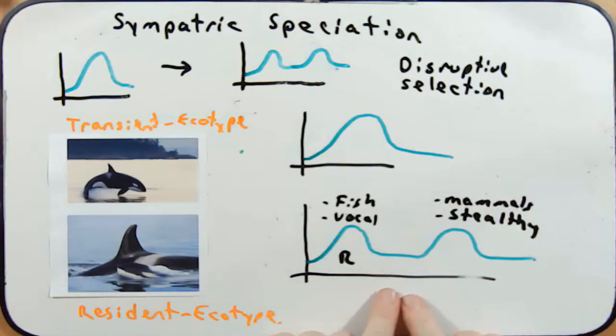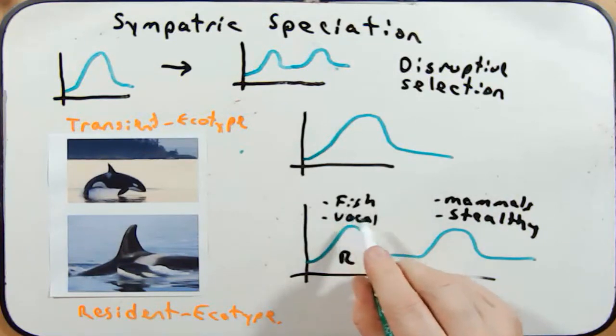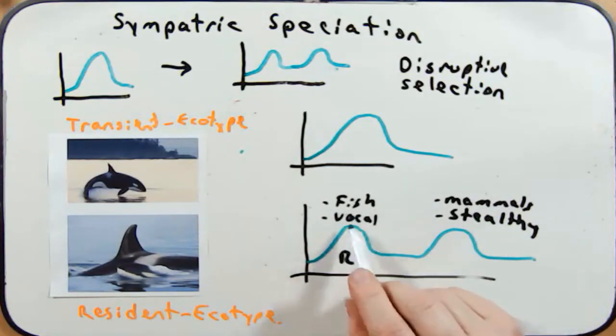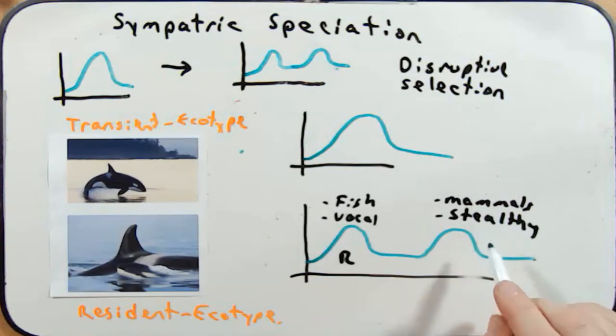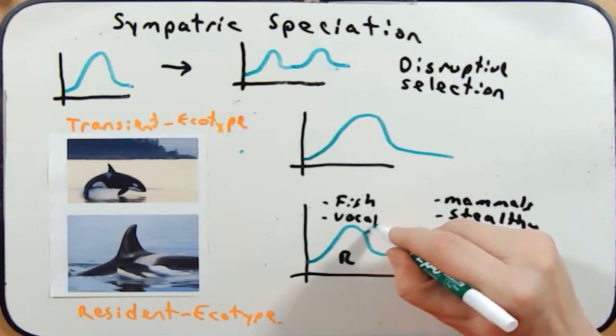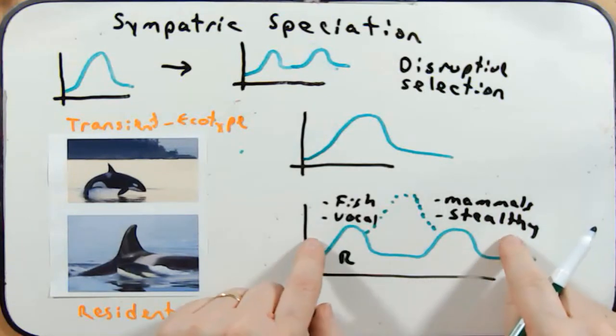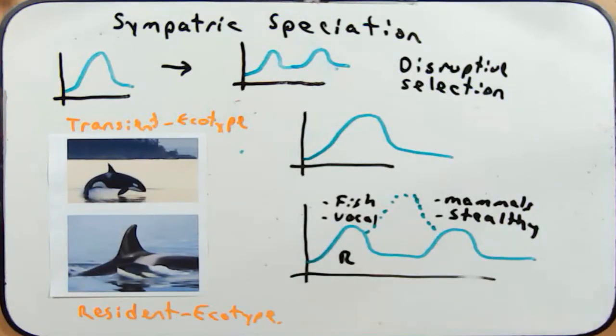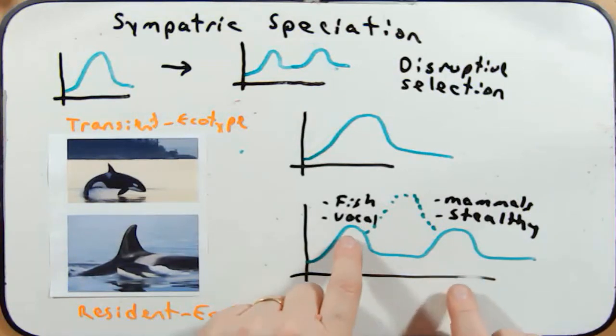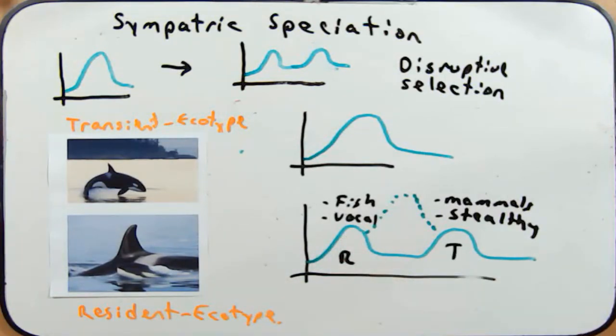Killer whales that could, say, eat both fish and mammals, or have both vocal skills and are stealthy, might be represented by this peak that's now gone, right? This ability to do both of them does not serve as much of a selective advantage as being able to do one or the other. So over time, these two ecotypes have been selected, and the intermediate range has been lost.